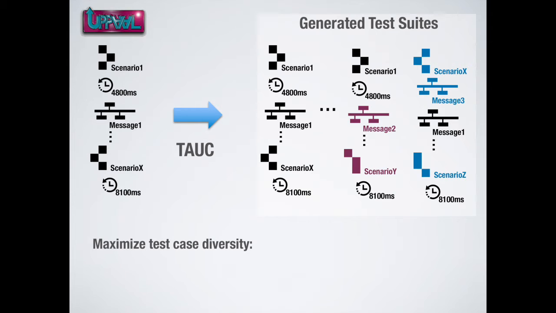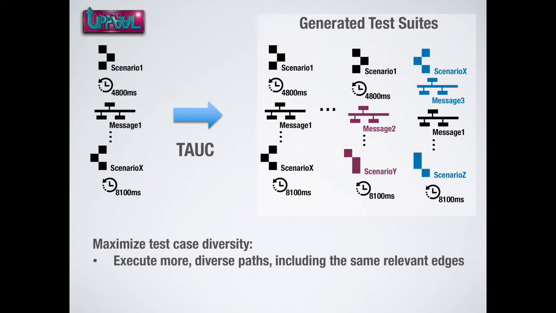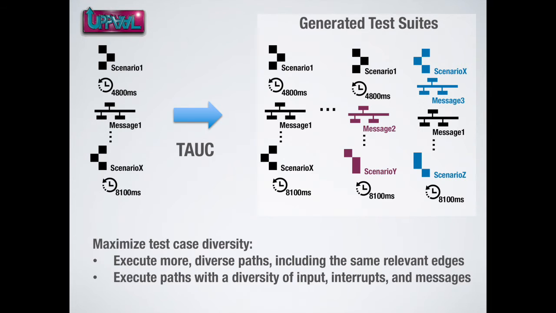The diverse test cases allow us to execute more and diverse paths including the same relevant edges, and execute paths with a diversity of inputs, interrupts, and messages to increase the chance to trigger the timeliness fault detection.